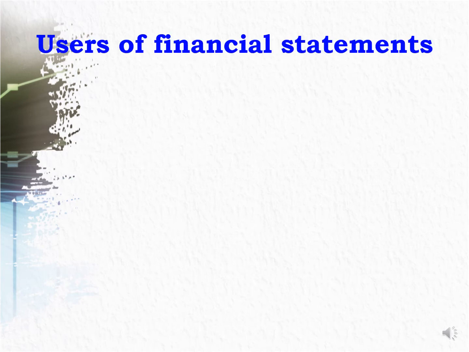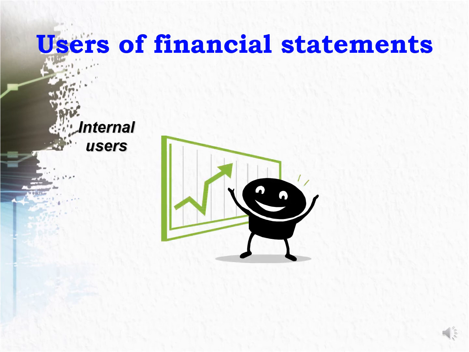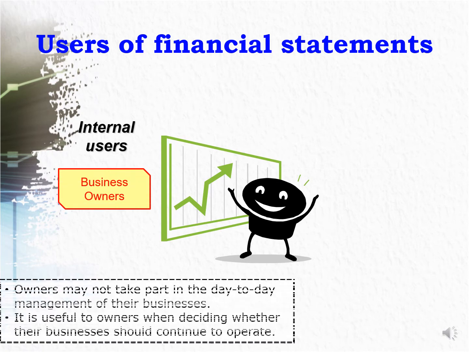Except for the business owner and the management, there are so many users who will use the financial statement. Let's talk about them one by one. The internal users are the parties in the company. First, the business owner. Some business owners may not take part in the day-to-day management of their business, so they will focus on the financial statement to understand how the business operates.